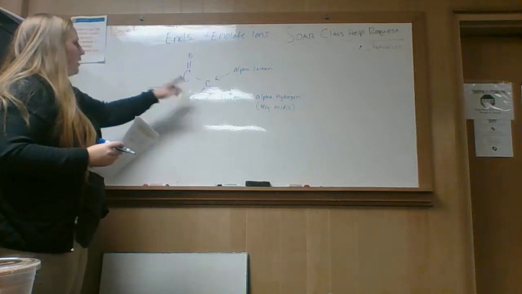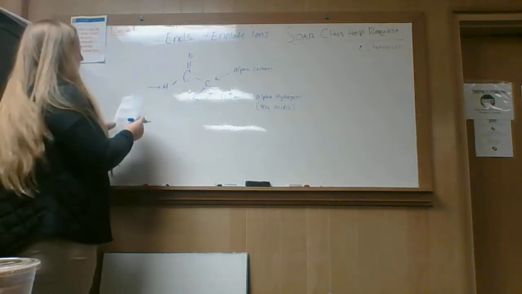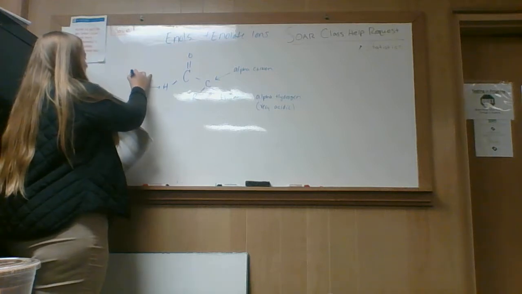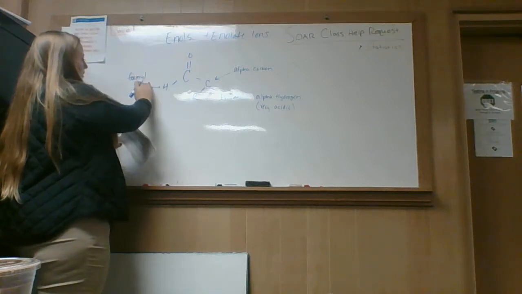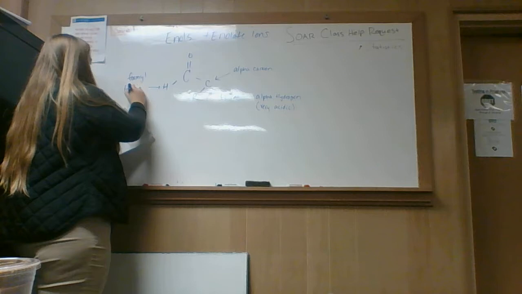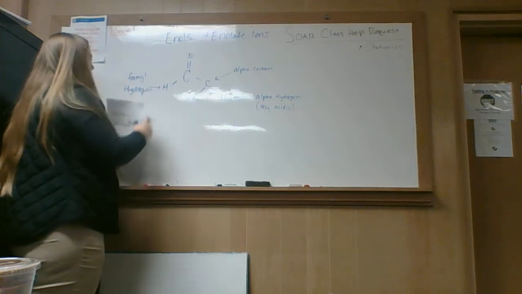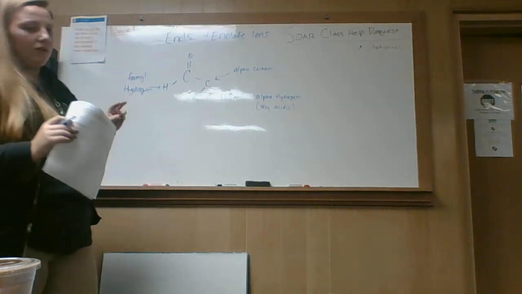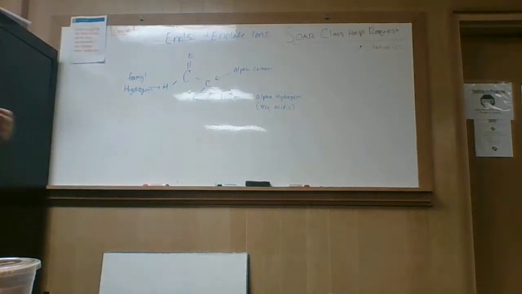If a hydrogen is connected to the carbonyl group, it's referred to as a formyl hydrogen. Formyl is just a common name prefix. We won't really get into that, but just so you understand that terminology.